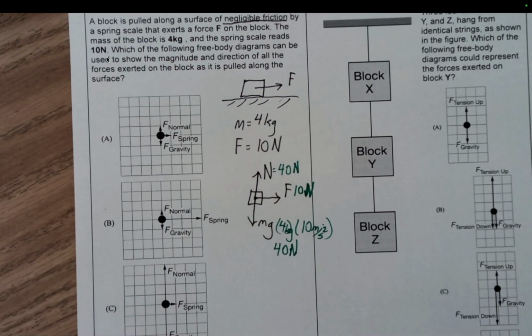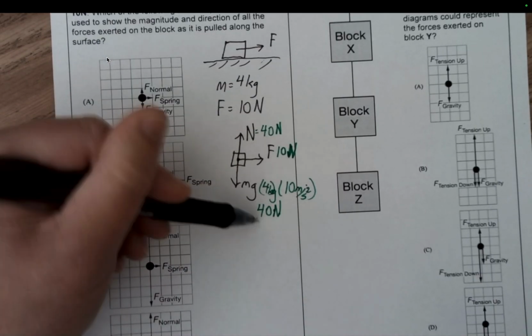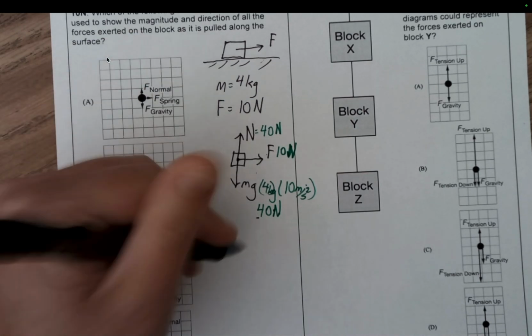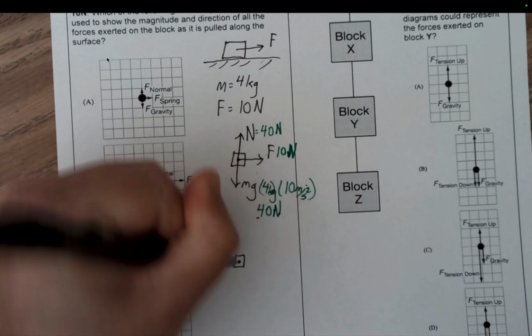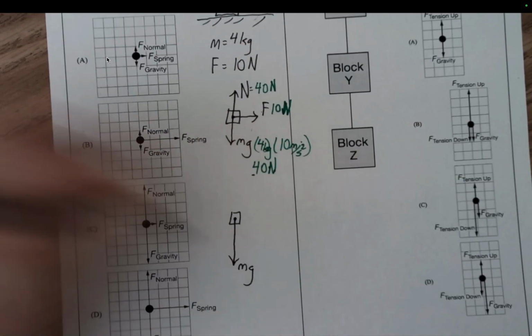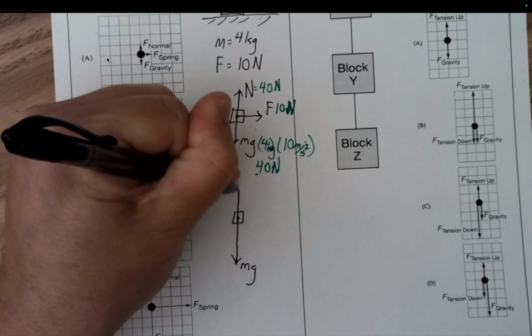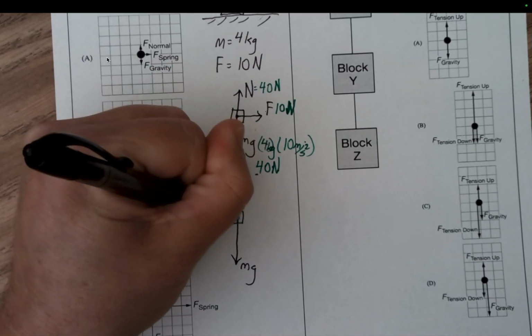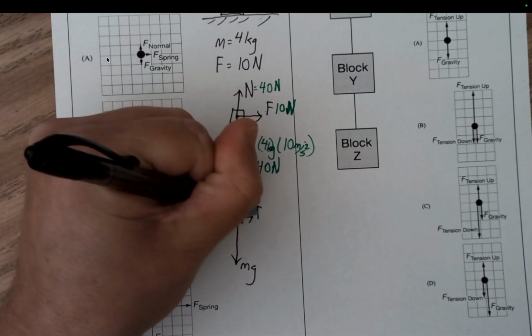And with that, I see that I need to fix my free body diagram, because this needs to be 4 times longer. The weight needs to be 4 times longer than that force. So if I try to draw that, I need to draw my weight, which is my m times g, and my normal force, which I can also put as this F sub n, and my force that's applied.